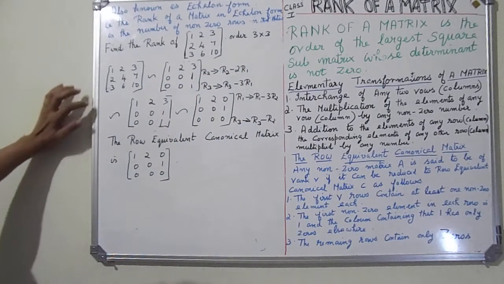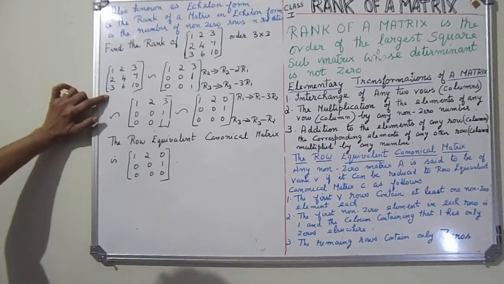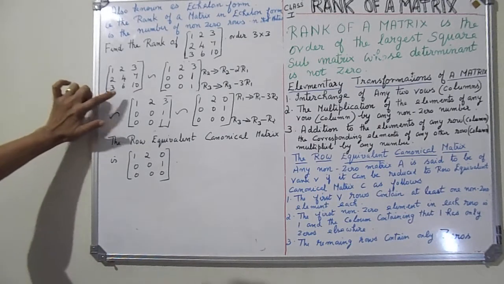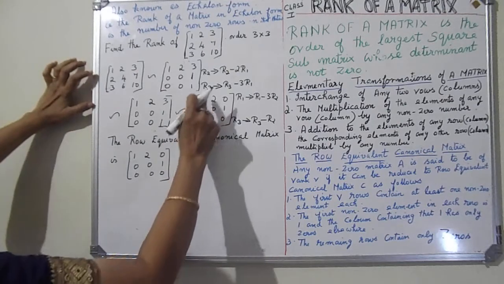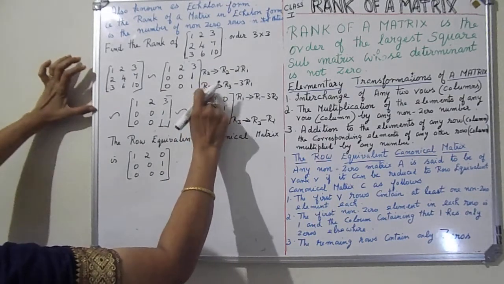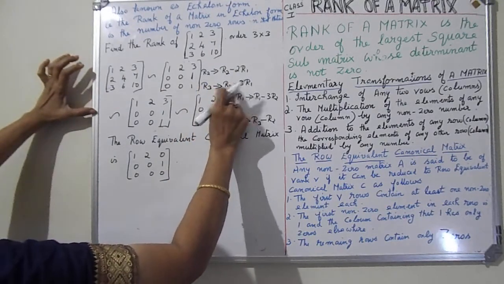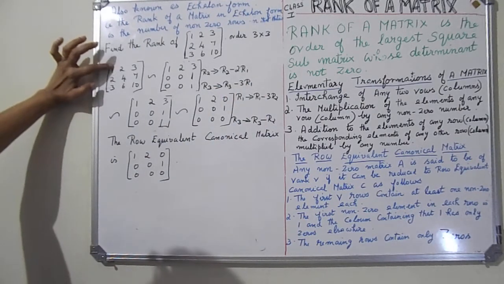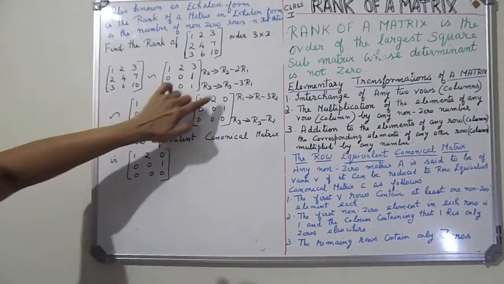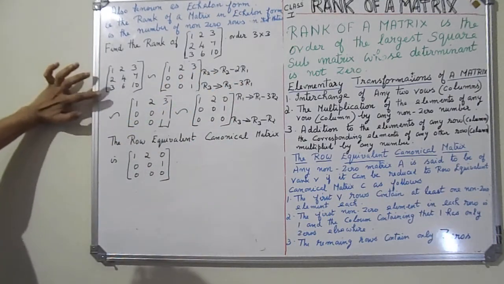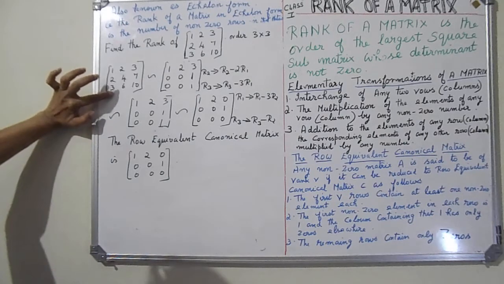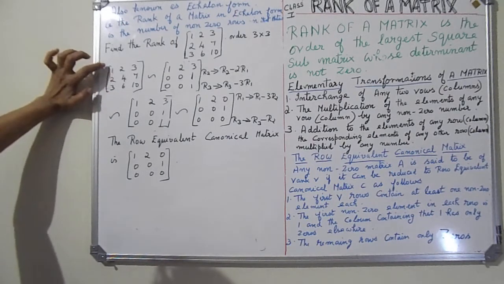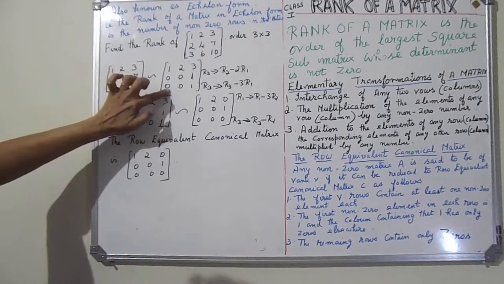Now see the third row, 3, 6, 10. What's the operation I am performing here? R3 is transformed as R3 minus 3R1. That is, I am multiplying the first row by 3 and then R3 minus 3R1 is taken. 1 into 3 is 3, 3 minus 3, 0.